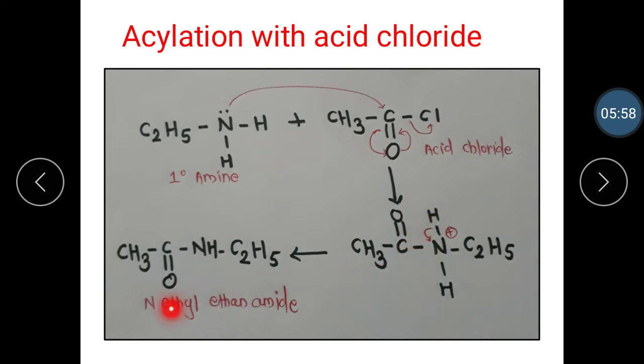Then there is formation of N-ethyl ethanamide, and this hydrogen in the form of H plus combines with Cl, meaning removal of HCl. From primary amines, on acylation we get N-ethyl ethanamide. Shortly, this hydrogen and Cl are removed as HCl and this whole unit is joined with the CH3 carbon oxygen double bond, forming the amide.